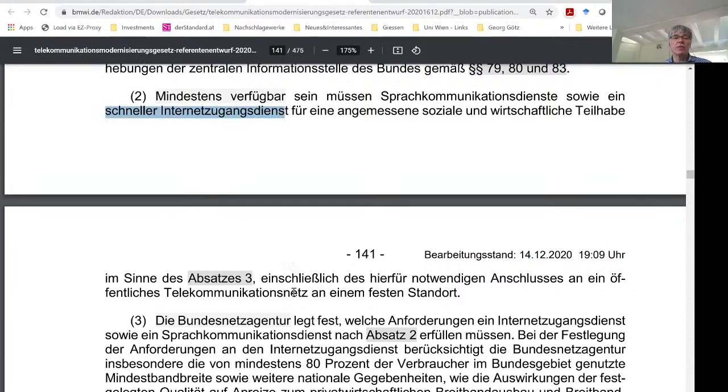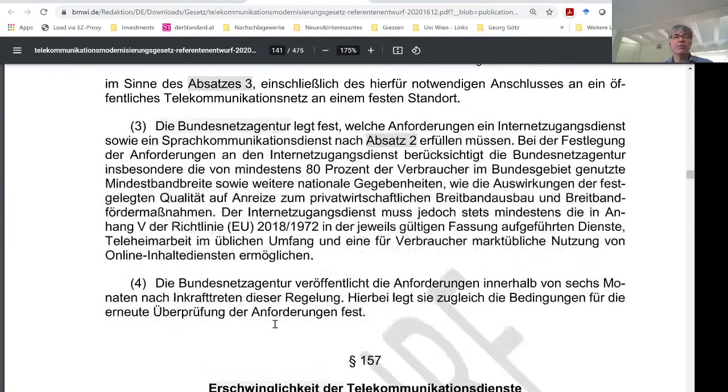The problem is here, they never really define what a quick or fast internet access is. We somehow say that the Federal Network Agency has the duty to set some standards here, and they make some terribly complicated statement. So at least 80% of all consumers have this as a minimum bandwidth, and so on. So what they did not do, and that's really amazing.